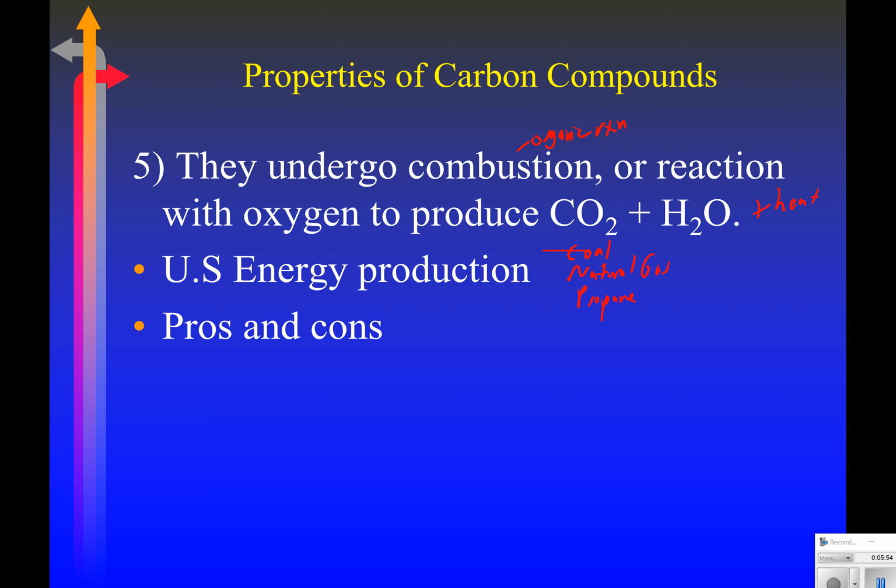And this can be both good and bad. These substances, these carbon-containing compounds like coal, natural gas, and propane, are pretty readily available, and for the most part, pretty cheap. But they come with a fair amount of cons, which in this day and age you've got to certainly think of: global warming and climate change, which can be linked to the combustion of carbon compounds like natural gas and coal.